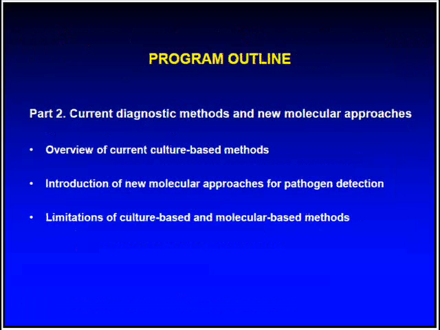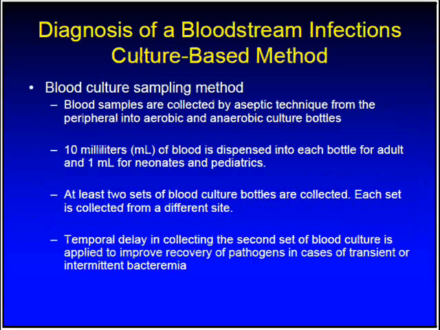In this next section of this talk, we will go over the current microbiology practice and new molecular tools for pathogen detection. In the clinical setting, if a systemic infectious process is suspected, the physician will order blood cultures to identify the causative pathogen.